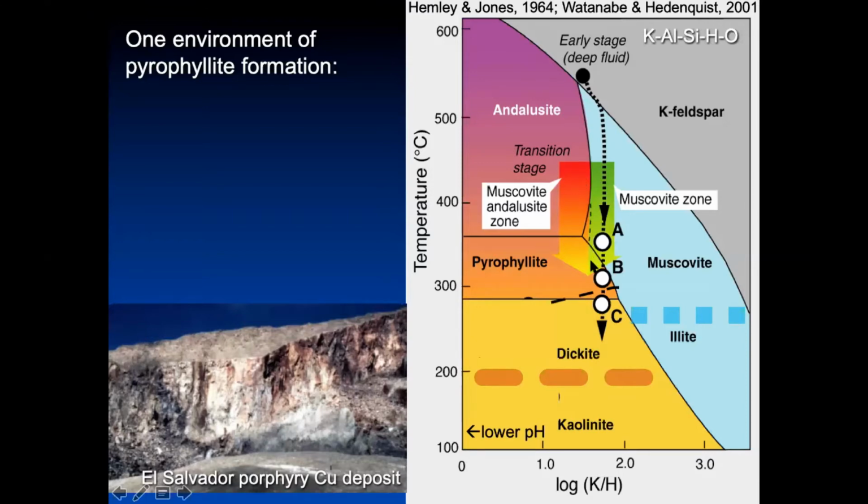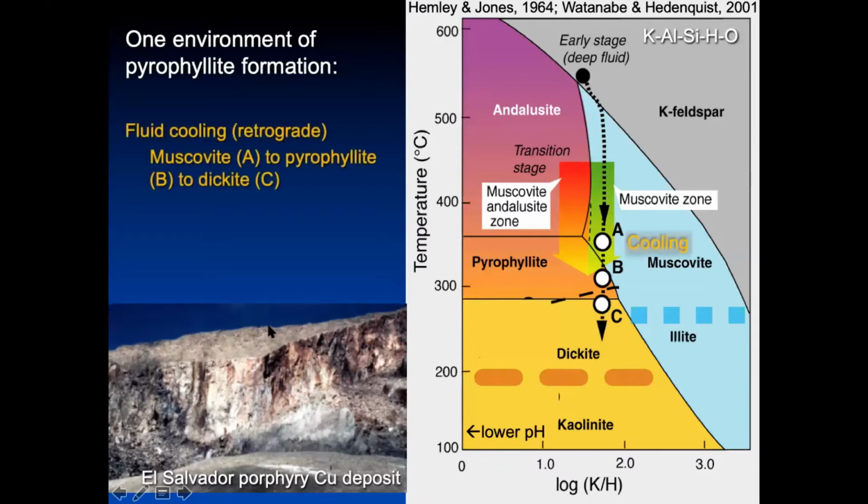On simple cooling, they went into perovskite stability. And so, simple fluid cooling caused the muscovite to shift to perovskite stability, and further cooling actually can result in dickite stability.